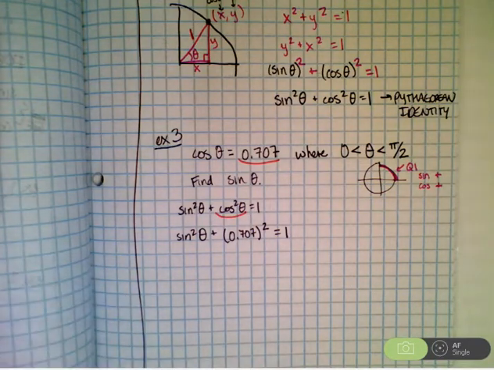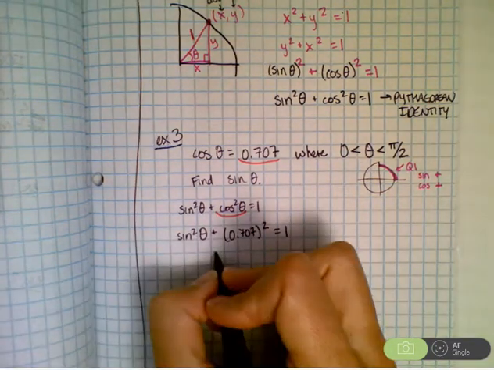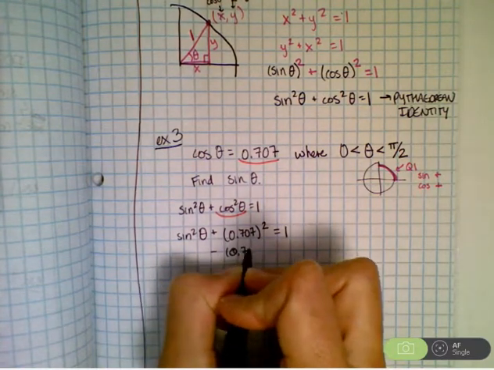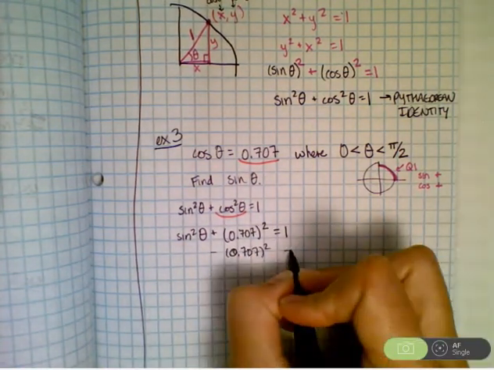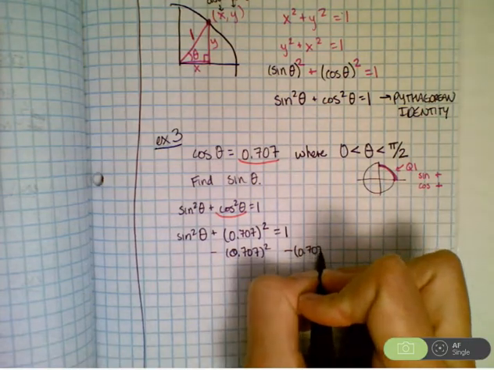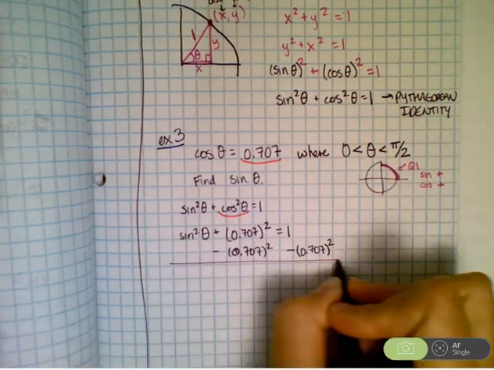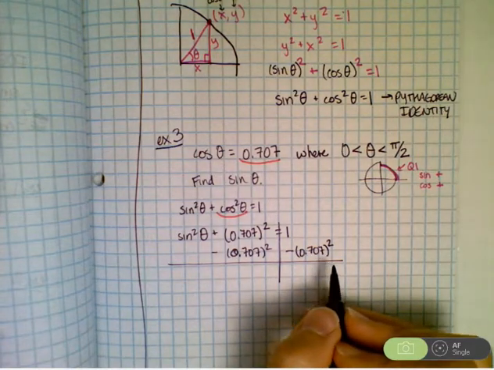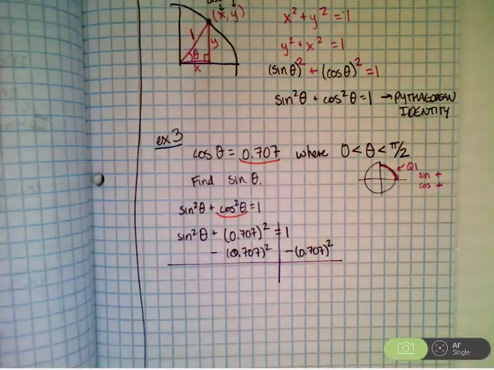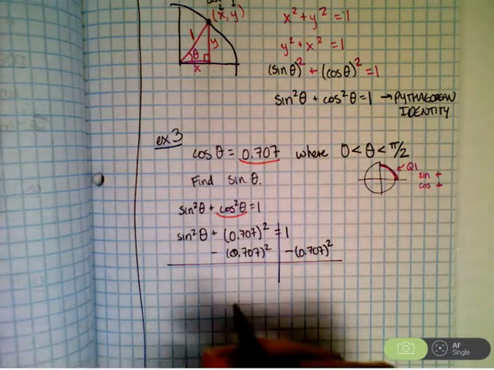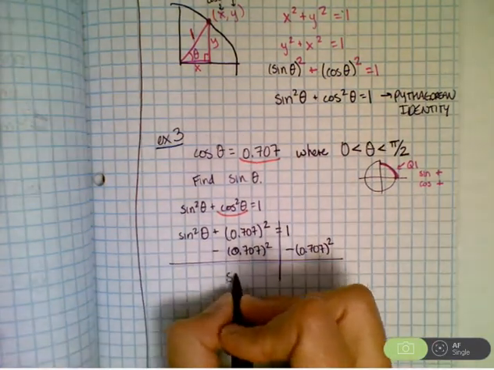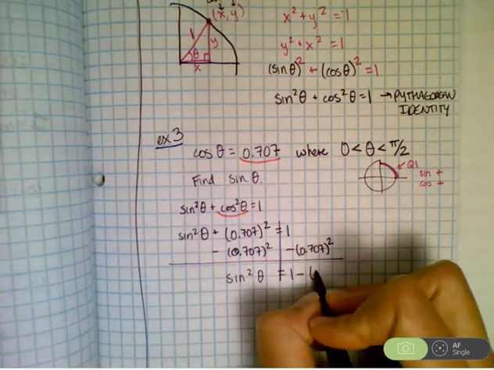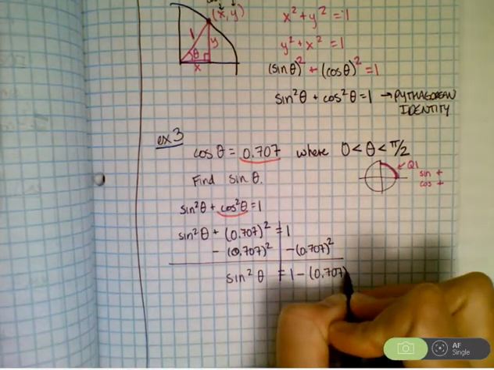Now I just need to solve this for sine. So first I subtract 0.707 squared from both sides. And I'm just leaving this for now. Eventually, I'll actually put this in the calculator, but it's going to be easier if I can eliminate extra decimals as much as possible. These two cancel. I'm left with sine squared theta equals 1 minus 0.707 squared.